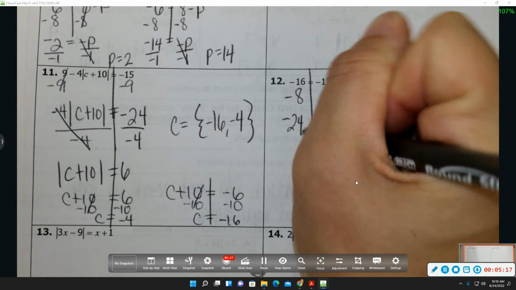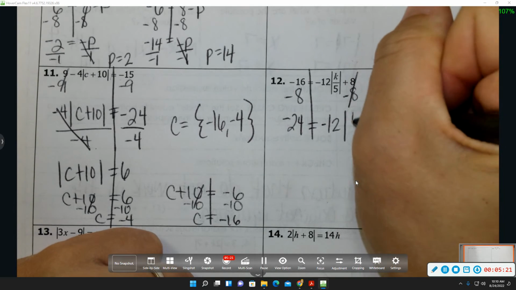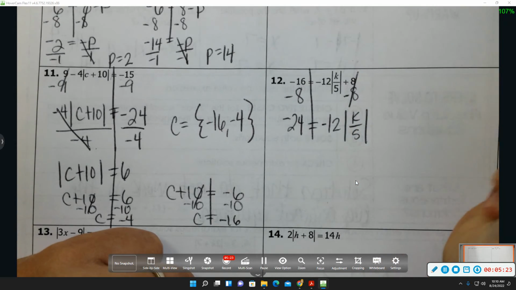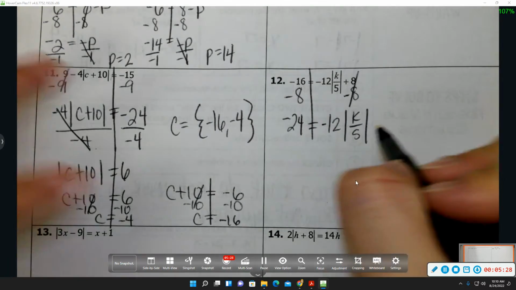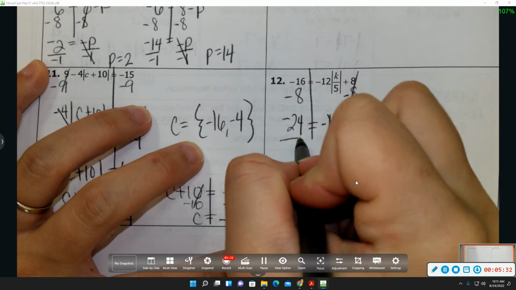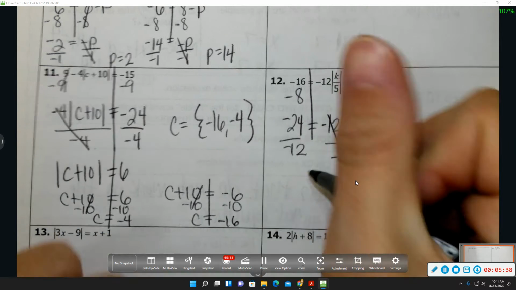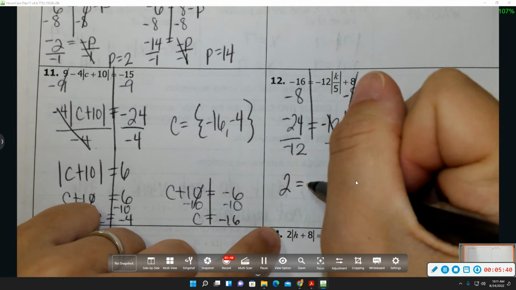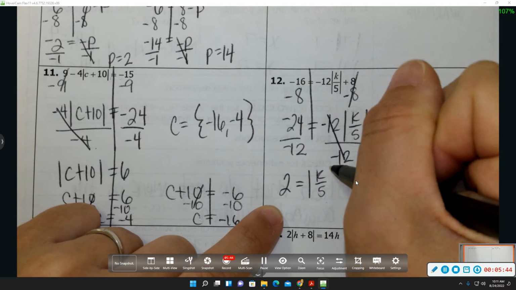You would get negative 24 equals negative 12 absolute value of k over 5. Well, again, this indicates multiplication, so to undo multiplication, you will divide. So I'm going to divide both sides. That would give me 2 equals the absolute value of k over 5.